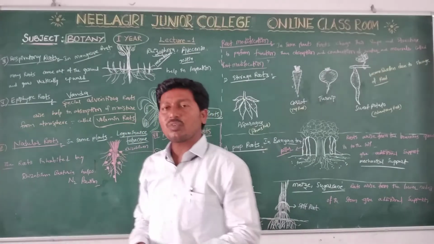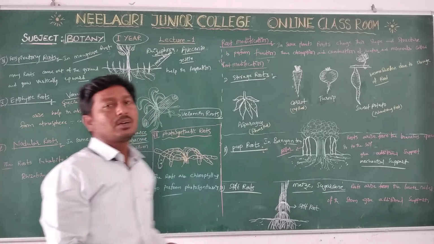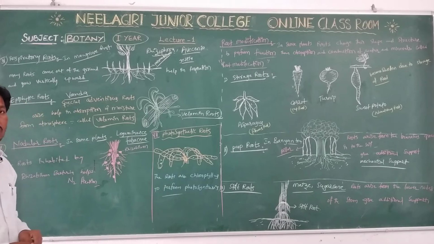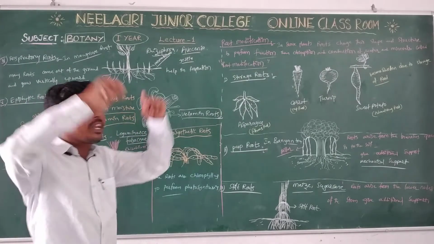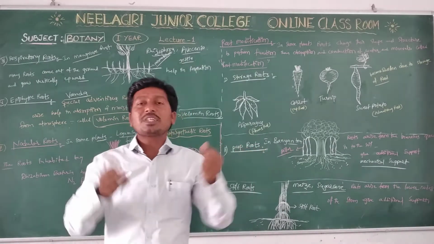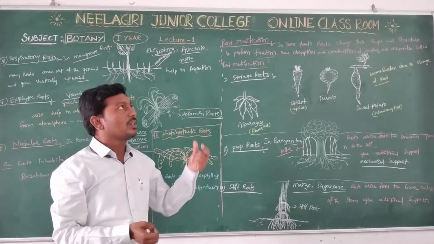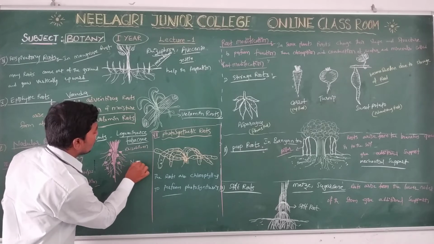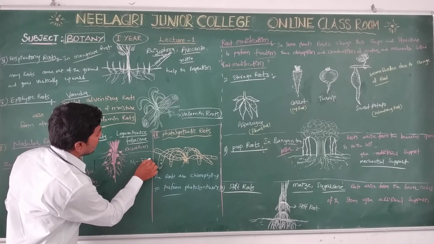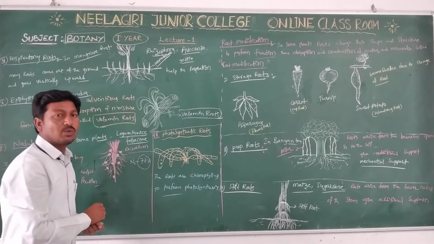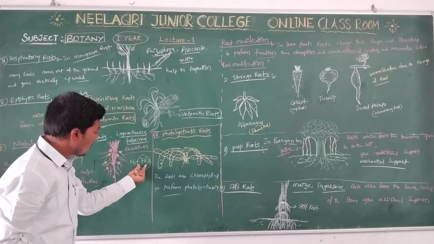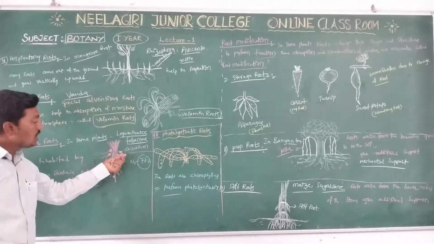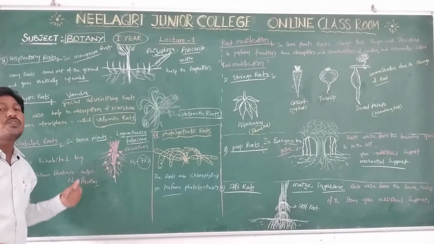The nitrogen is atmospheric nitrogen, which is about 78% of the atmosphere. This atmospheric nitrogen is absorbed by the Rhizobium bacteria, which helps in nitrogen fixation.